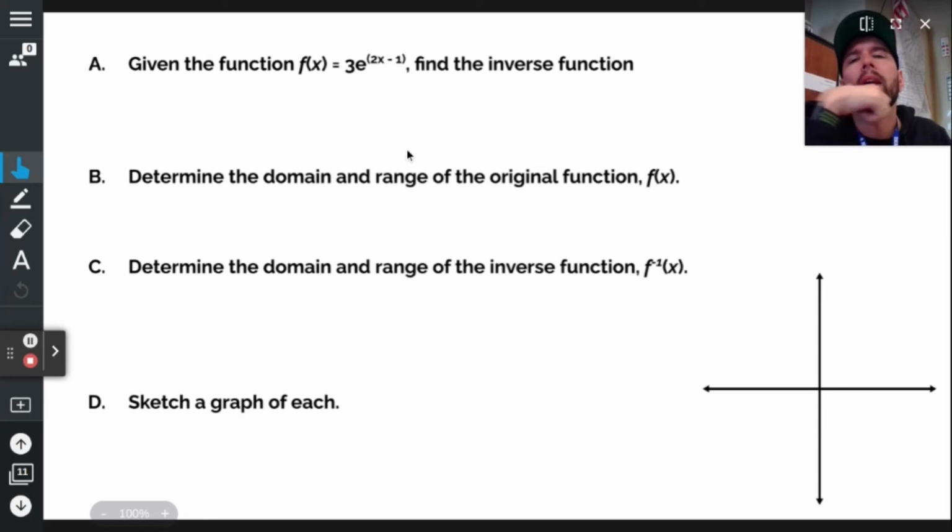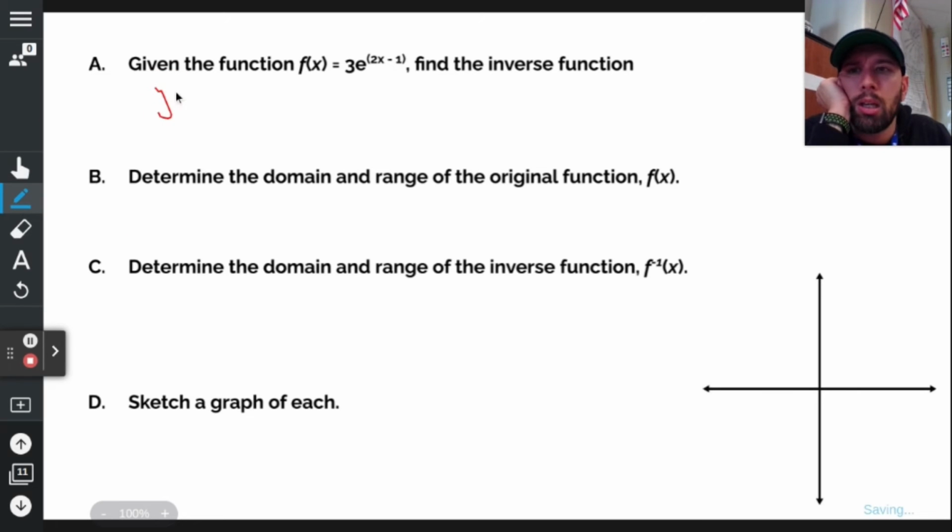Given the function f of x equals 3e to the 2x minus 1, find the inverse function. Okay, so let's do this. Let's make this y equals 3e to the 2x minus 1. I have to swap x and y, so x equals 3e to the 2y minus 1. I have to divide both sides by 3.